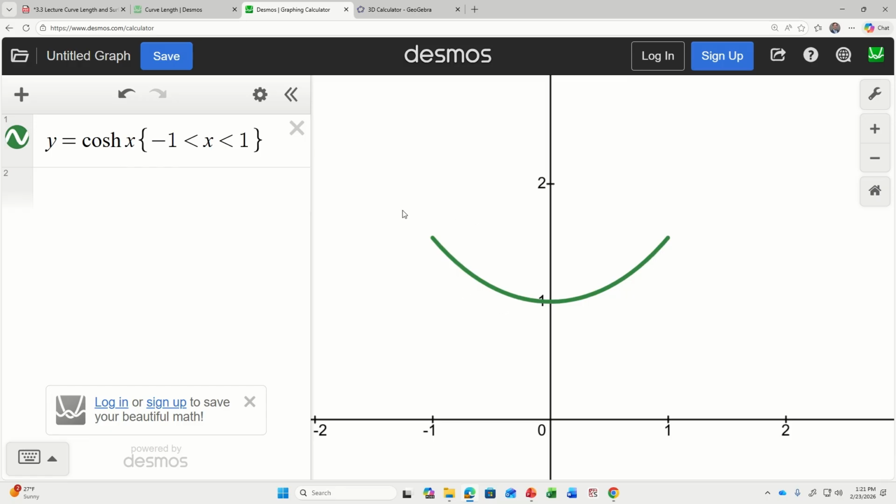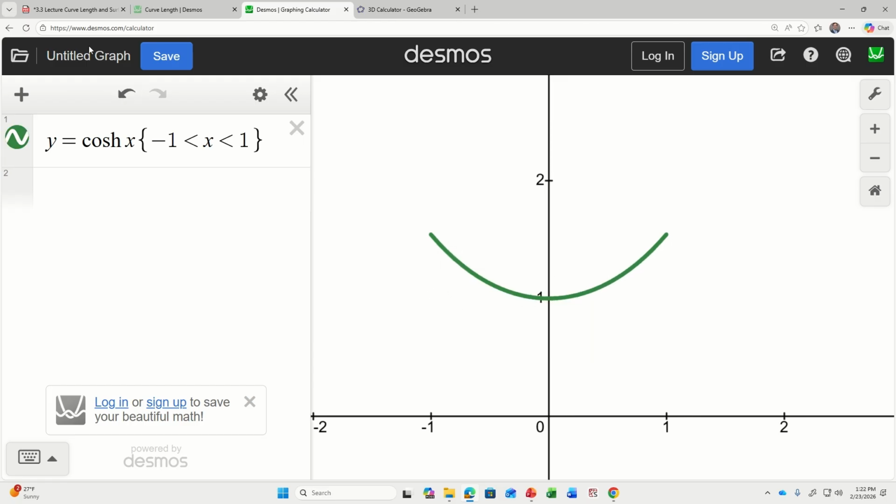It's not a parabola. It gives the length of a chain hanging between two equal height posts. If the distance between the posts is from -1 to 1, how long is the chain if it's about this droopy?